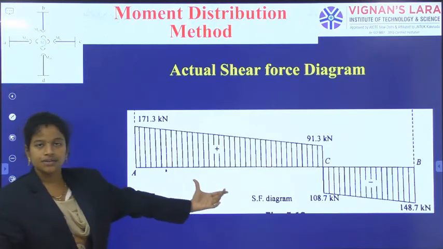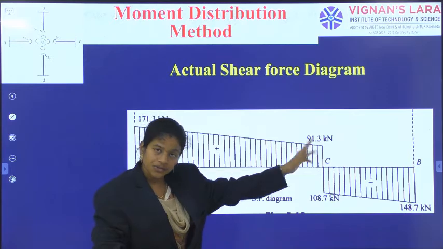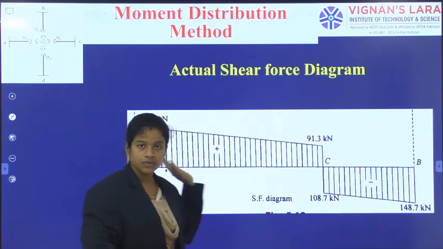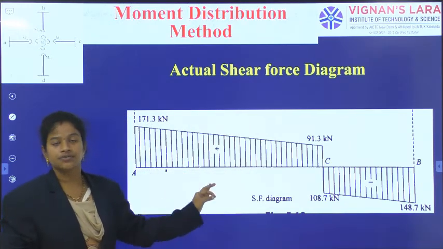When you see the structure, it may appear like this: 171.3, 91.3 in the positive, below the baseline 108.7, and that continues to 148.7. So this is above the baseline positive, below the baseline negative. This is the actual shear force diagram.